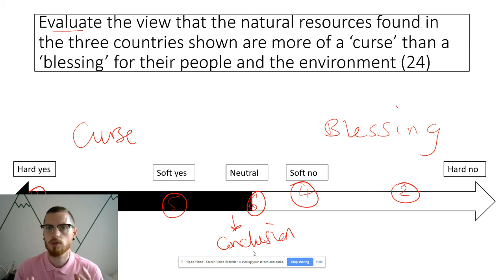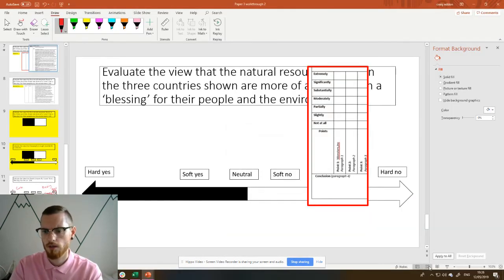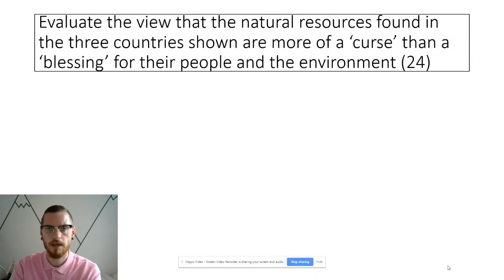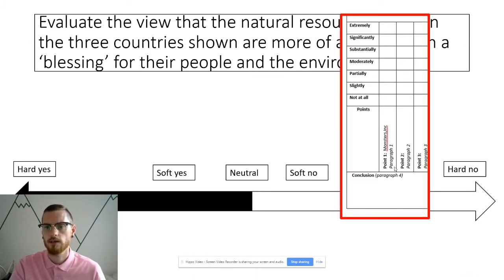So the points you make, you need to think about being more evaluative. You need to make sure you do that significance element. And that's going back to think about what we looked at when we were looking at paper 1 and 2's walkthrough, which is this here. When we're looking at each point you make, at the end, use this language here to weigh up each point.